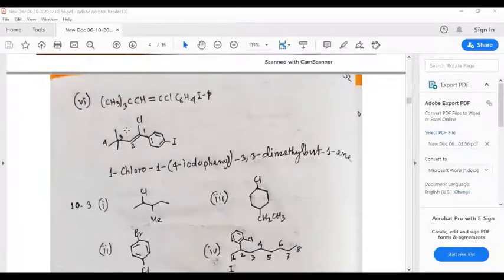Number 6. (CH3)3CCH(Cl)C6H4I. So to this carbon there are three methyl groups, this and this, then CH, this CH, then Cl, this Cl, C6H4 is this, and at the para position of this benzene there is iodine.